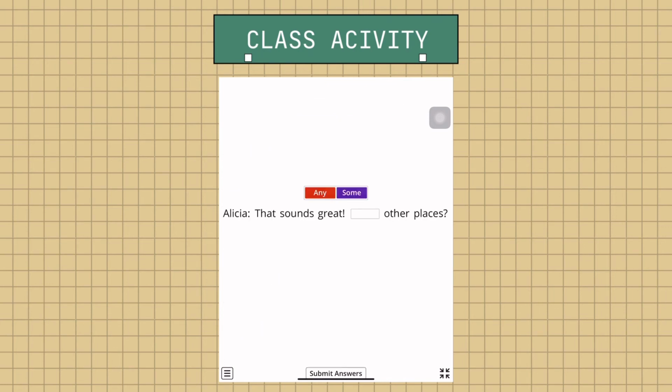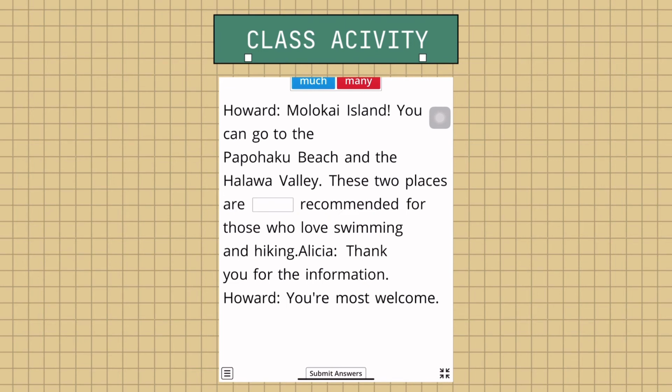Alicia: That sounds great. Any other places? Very good. Okay. Last question. Howard: Molokai Island. You can go to the Papohaku Beach and the Hawala Valley.